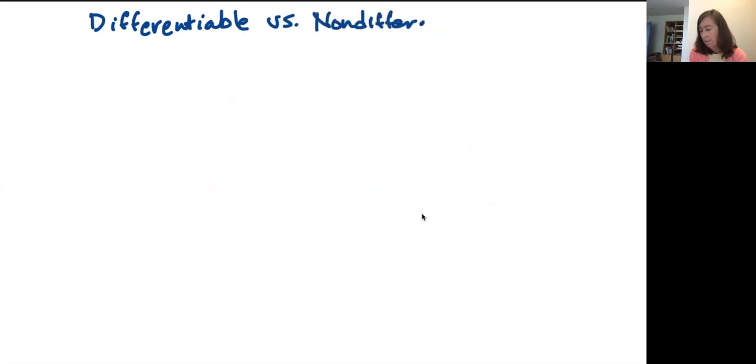Another thing you might be wondering about is the issue of differentiable versus non-differentiable functions. Differentiable means you can take its derivative.